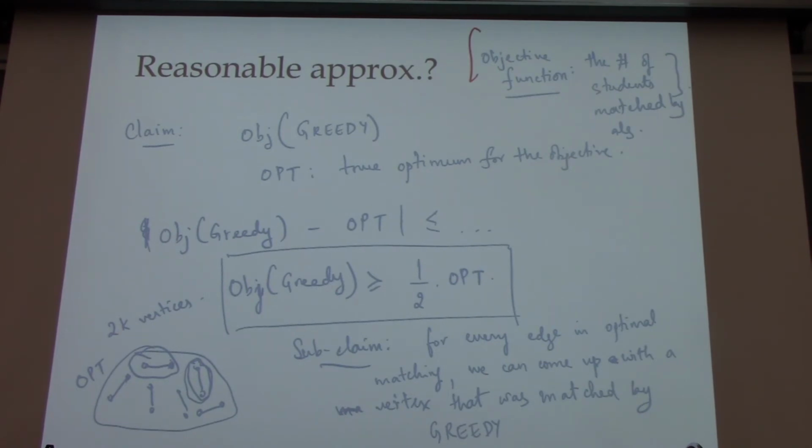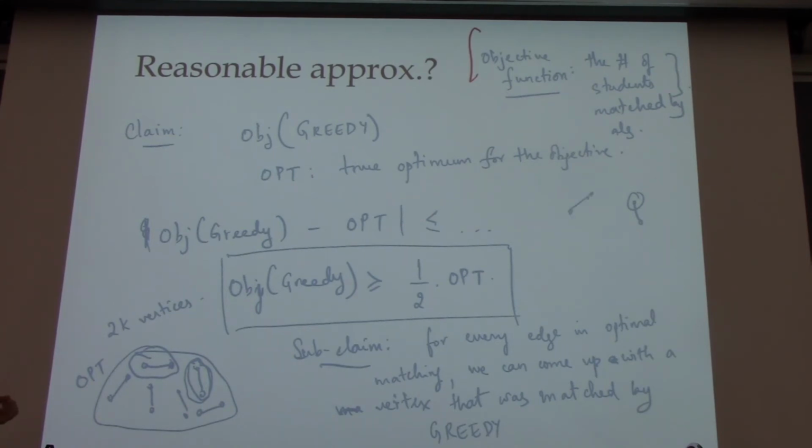Since there are 2k vertices, in the greedy algorithm, if one of the vertices is not matched, then there has to be another vertex in another pair which is also not matched, because there was an even number of vertices to start. So let me take some pair in greedy. You're saying if this one was not matched, then in some other pair another vertex is also not matched.